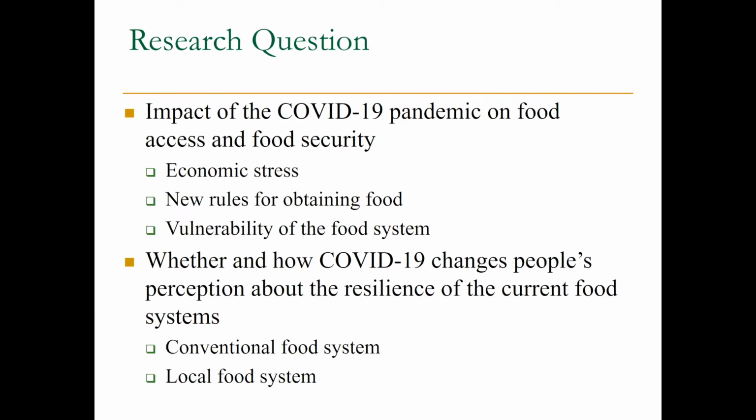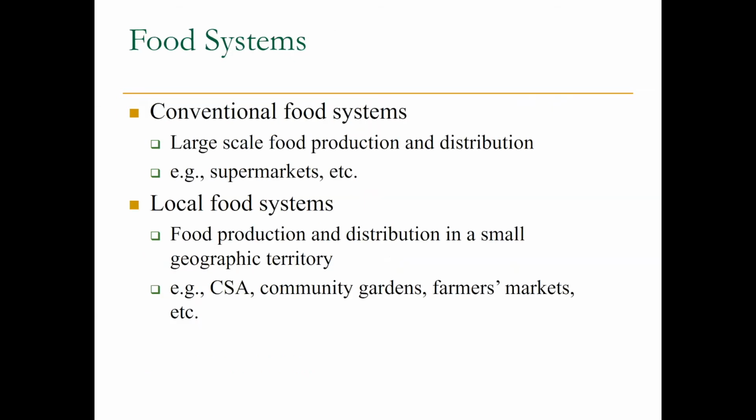I'm also interested in finding out whether and how COVID-19 changes people's perception about the resilience of the current food system, especially the conventional food system and local food system. I think some of our previous fellows talked about having their own gardens, growing their own food might be something people are thinking about now.